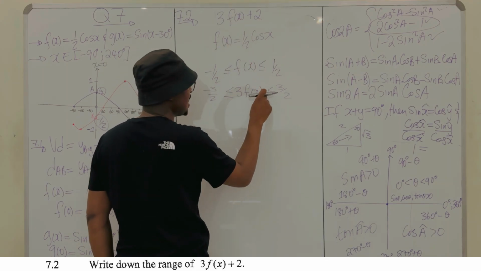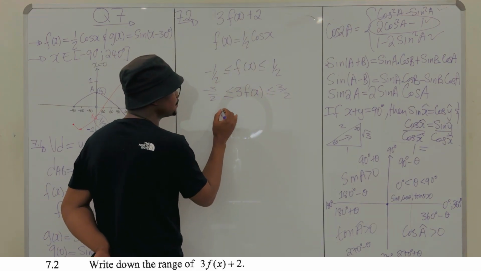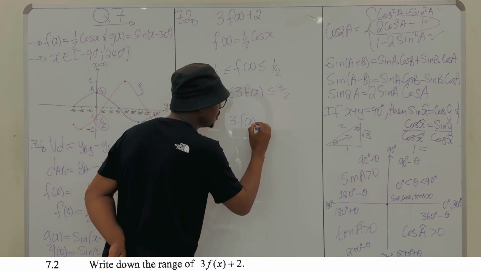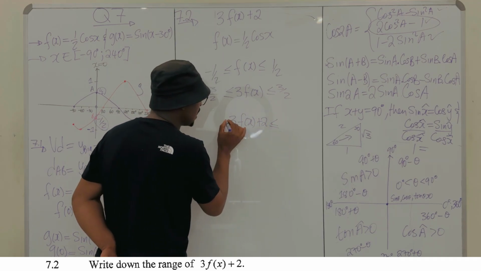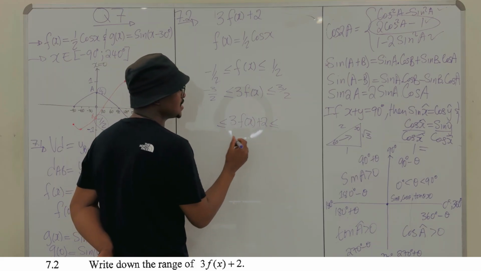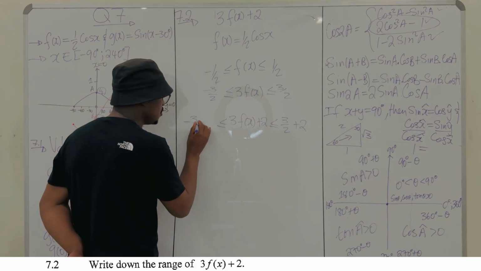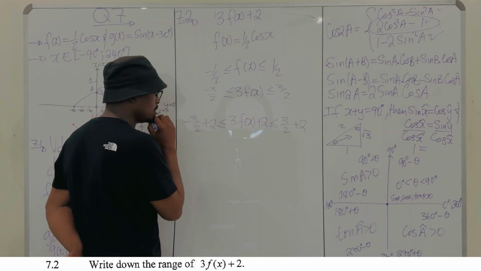And now you only have this part. To get the other part, you must add 2 here, which means you must add 2 on this one, which gives you 3 f of x plus 2. Whatever you do here, you must do to both sides, which is 3 over 2 plus 2, and minus 3 over 2 plus 2, right?